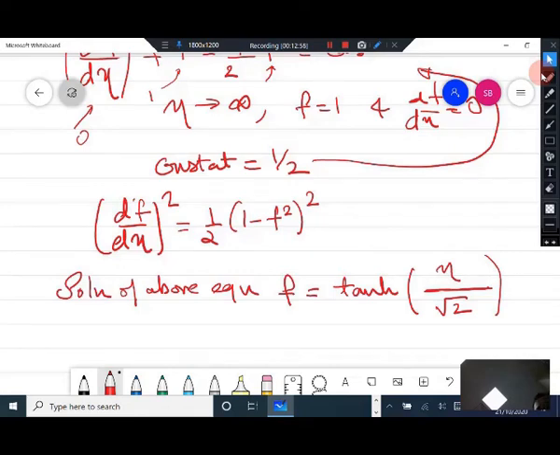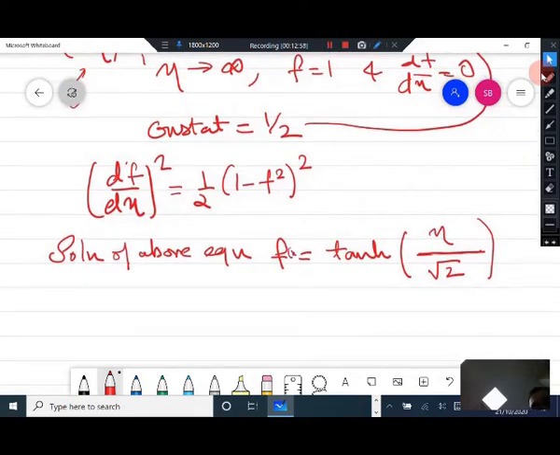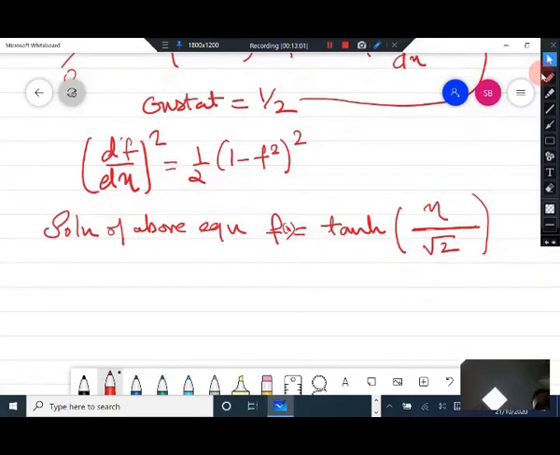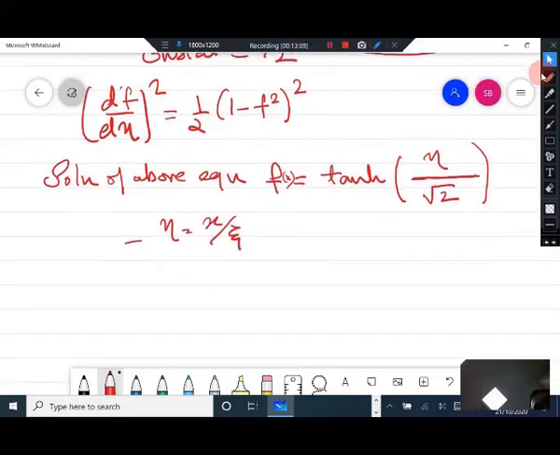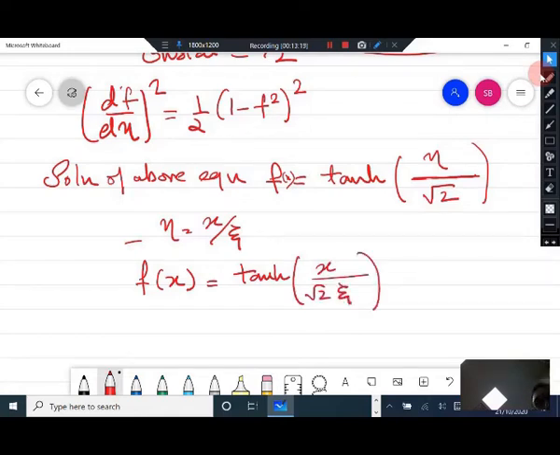This is the form of the expression of f of x, this is f of eta, eta is x by xi. So f of x is equal to tan hyperbolic x by root 2 xi. This is f of eta, tan hyperbolic eta by root 2.